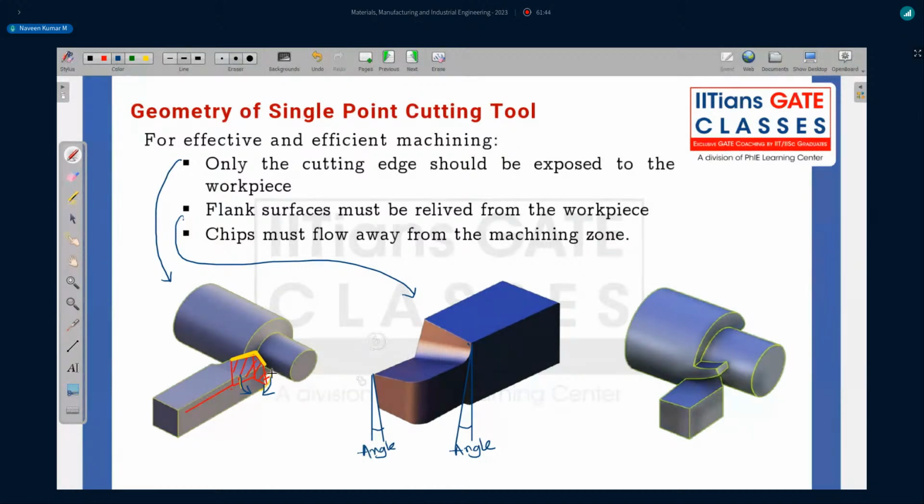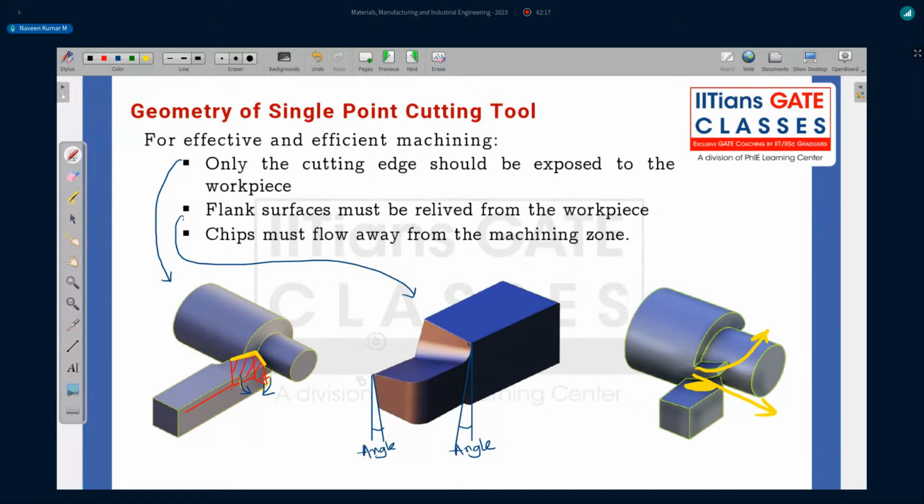If this top face is not bent, the chip will come like this. I don't want that. I want the chip to go up like this, right? For that, on the top face also we have to give some inclinations, and those inclinations will help my chip to flow away from the machining zone.